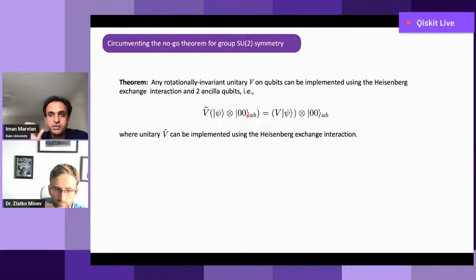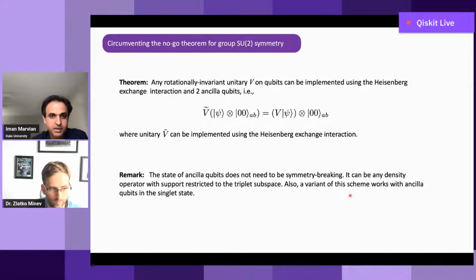And it can be singlet, or it can be any state in the triplet subspace, including the maximally mixed state in the three-dimensional subspace corresponding to triplet. But you need to know which one you are given. So in other words, you don't need to break SU2 symmetry to realize a rotational invariant unitary V, as we expect.